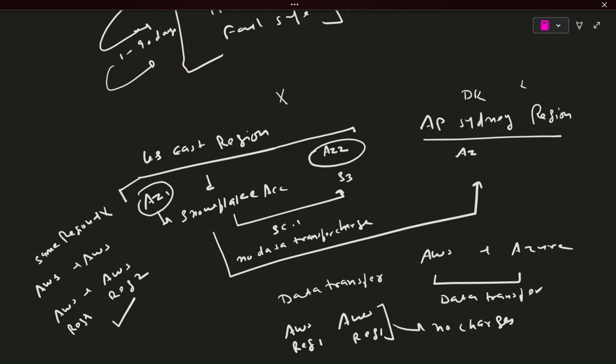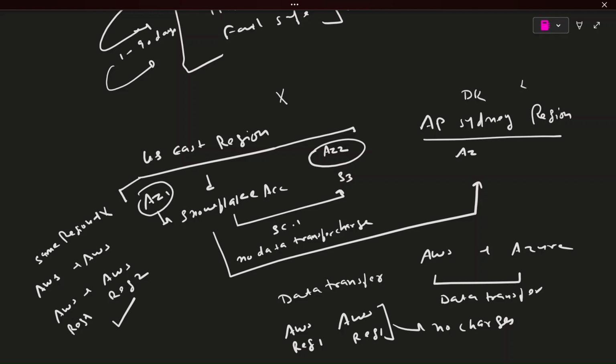That is the reason within the same region normally all the cloud providers won't charge. But if you go out of region 1 to region 2, then it will be traveling over the internet also. But when it is the same cloud provider, definitely it will not be the internet, it will be that cloud provider's backbone network.